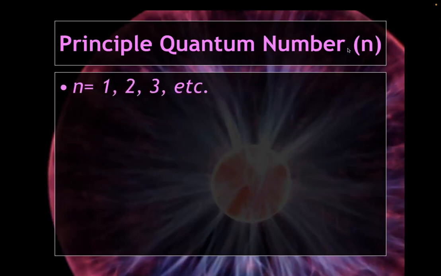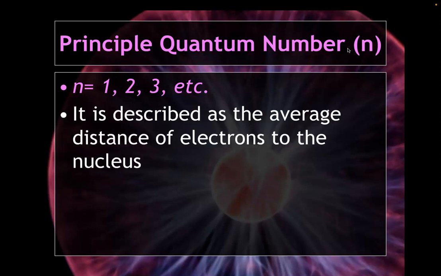So the principal quantum number can be anything that is a principal energy level. So it could be n = 1, 2, 3, 4, 5, 6, all the way up to 7. And it is described as the average distance an electron is from the nucleus. So it gives you a general idea of how far away it is from the nucleus.